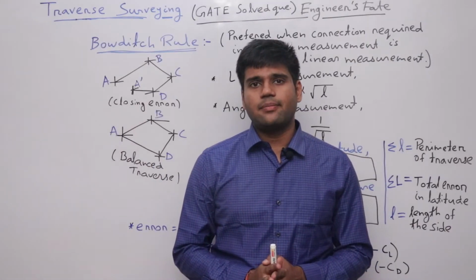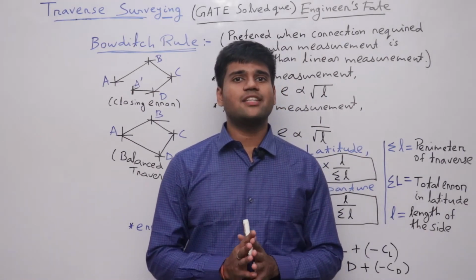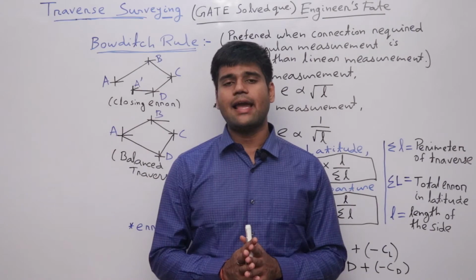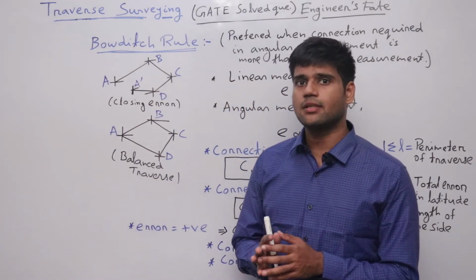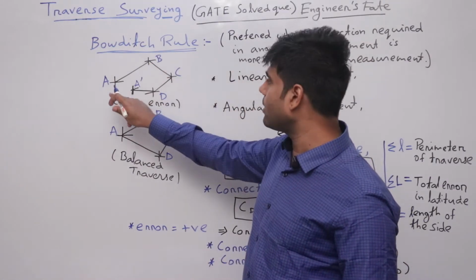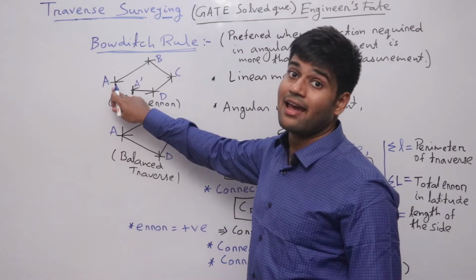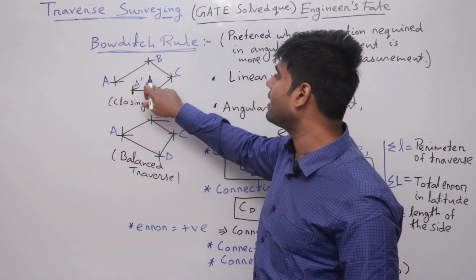Now we'll discuss the Bowditch method or Bowditch rule. This Bowditch method is preferred when the error in the angular measurement is more than the error in the linear measurement. Suppose I have started a traverse survey at A, but I haven't ended my traverse survey at A. I have ended it at A dash.